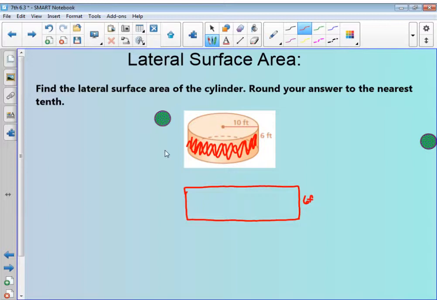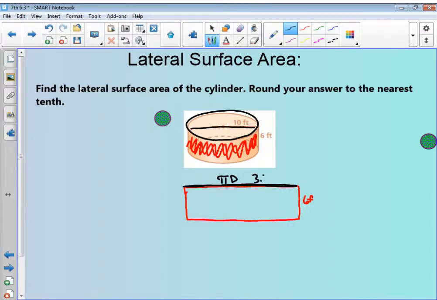And the distance around this is our circumference. Well, that's the same as this. Remember that from part 1. Okay, so the circumference of a circle is pi times diameter, and our diameter on this would actually be 20 across.